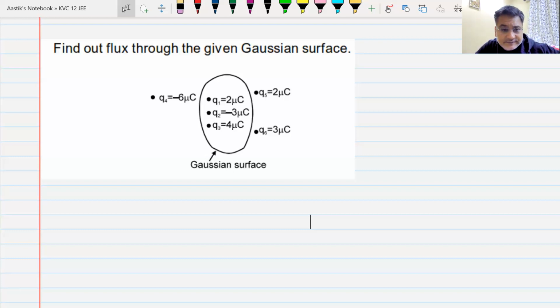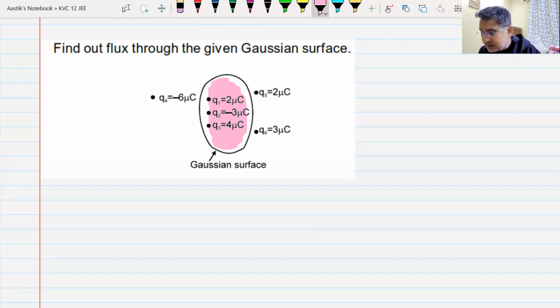What is the answer? Flux through this Gaussian surface: 3 microcoulombs by epsilon naught. So what do you do here? You find the net charge in the system. If I make this pink surface the Gaussian surface, the net charge is 2 plus 4, 6, these are positive charges, minus 3.